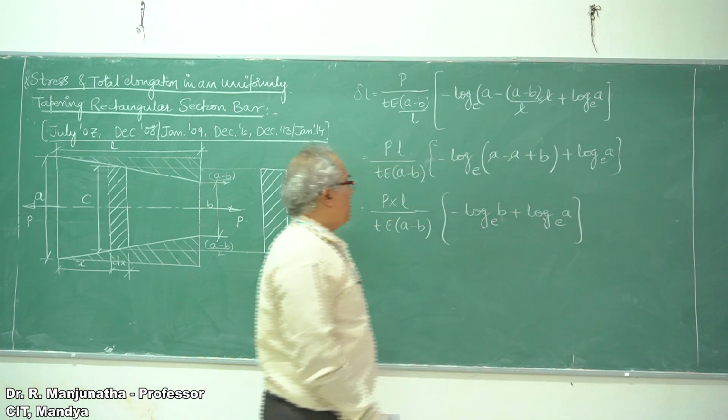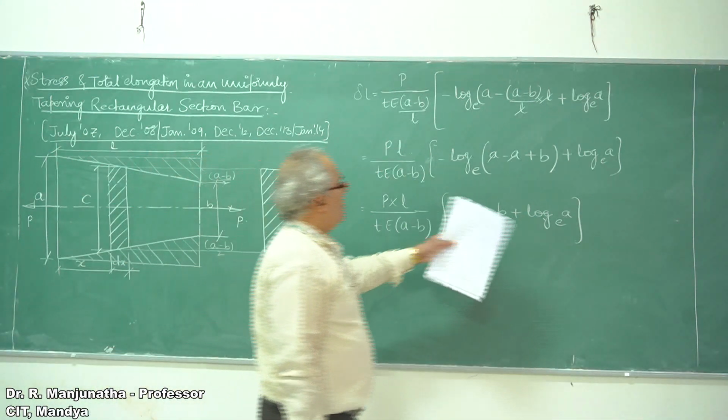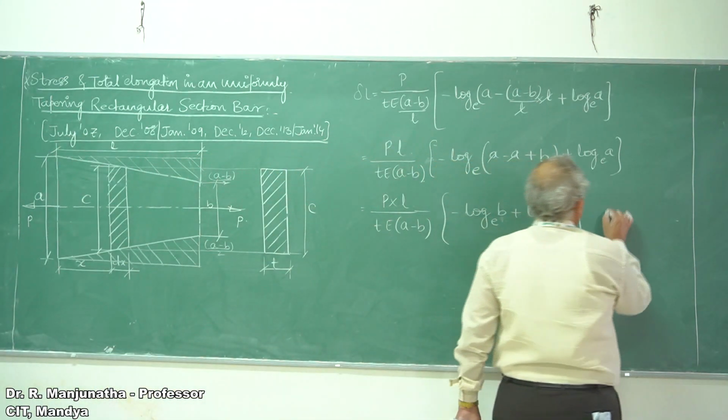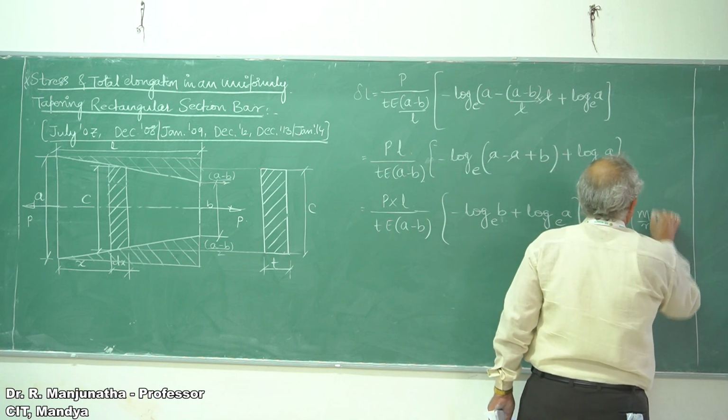So this is of the form of log M minus log N, which is equal to log of M by N to base e.